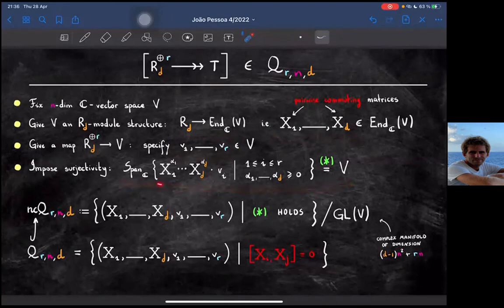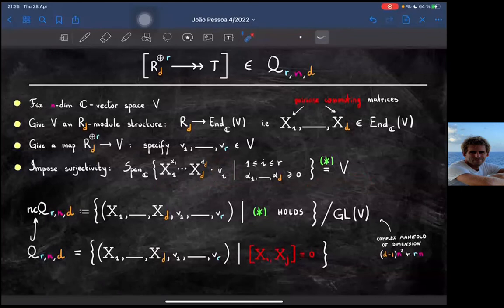So I take all the monomials in my matrices, I apply them to my R vectors, and this should be a vector space of maximal dimension, so equal to V. Okay, this is the data.